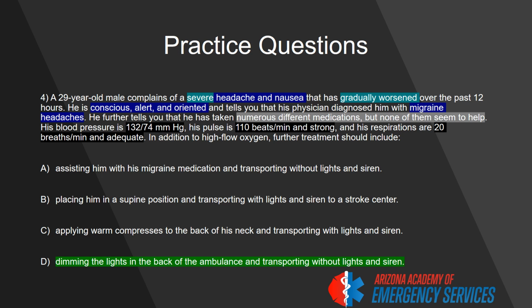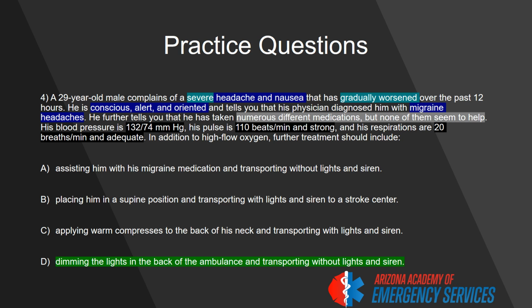So putting all the information together that we identified, especially the primary information, we can ascertain that the patient has a history of migraines, and that his presentation now with his present illness is extremely consistent with the presentation of a migraine headache. We looked at the empirical evidence, the blood pressure, the heart rate, and the respirations.